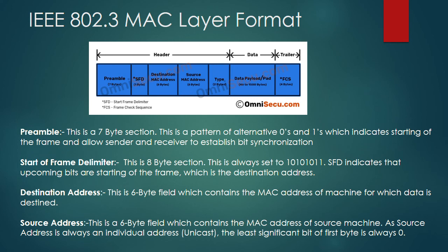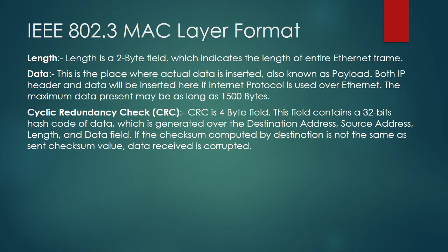There is the IEEE 802.3 MAC layer frame format, and we can see the preamble first, then the SFD, destination address and source address, and the length, data and CRC check.